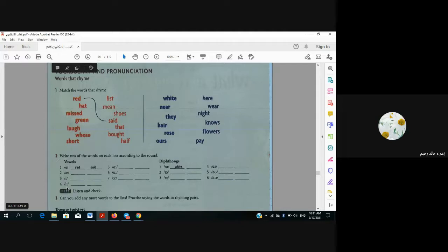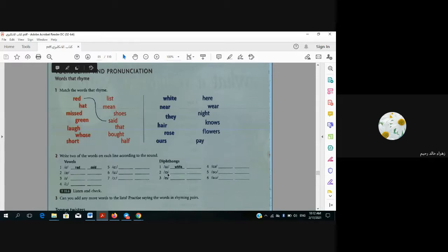Long E: green, mean. Long R: laugh or half, was, shoes. And O: short boat. I: white and night.